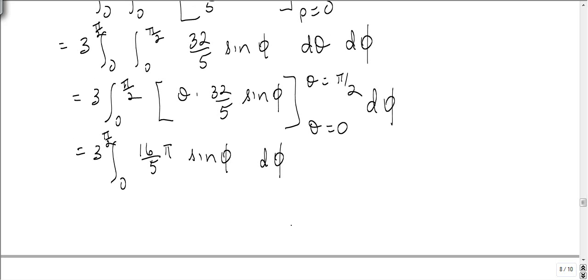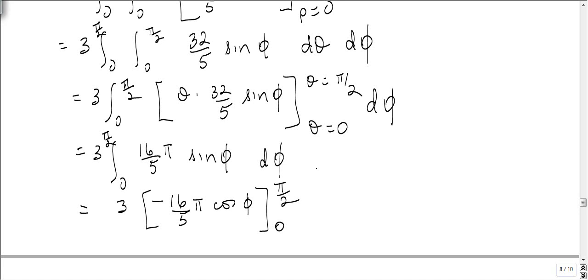Integrate. Three times minus 16 over 5 pi cosine phi from 0 to pi over 2. Okay, what's that, pray tell? Cosine of pi over 2 is what?